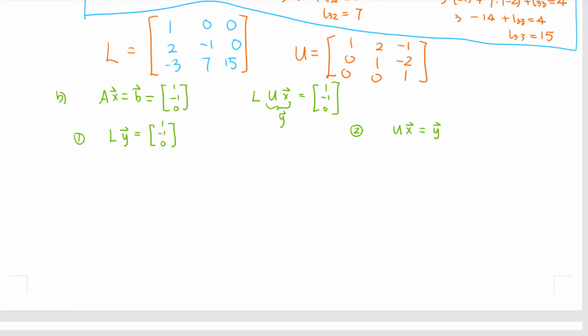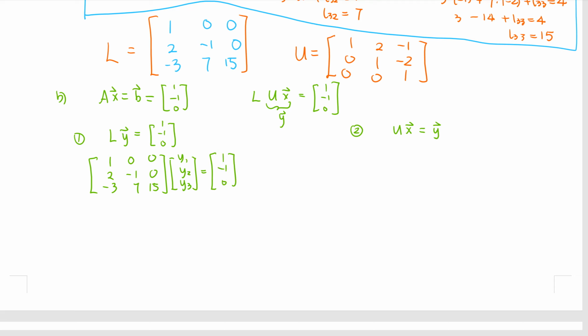LY equals 1, minus 1, 0. Let's see here. So what's L? 1, 0, 0, 2, minus 1, 0, minus 3, 7, 15. Y is Y1, Y2, Y3 equals 1, minus 1, 0.